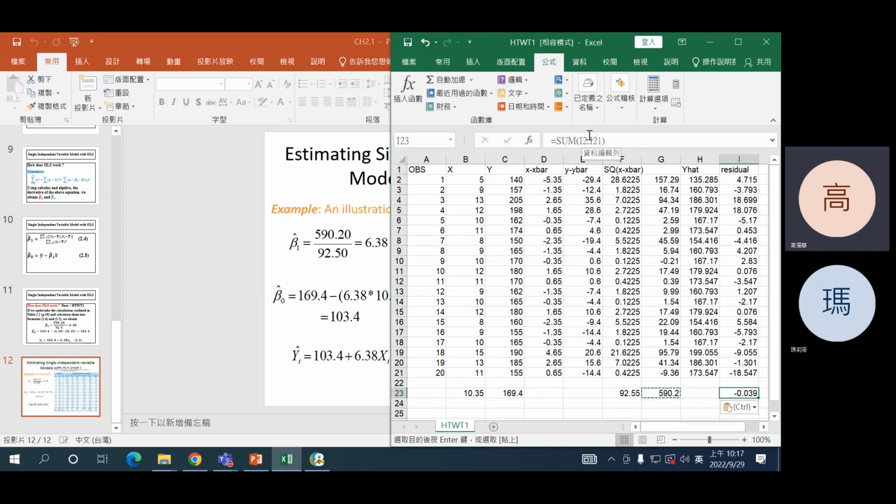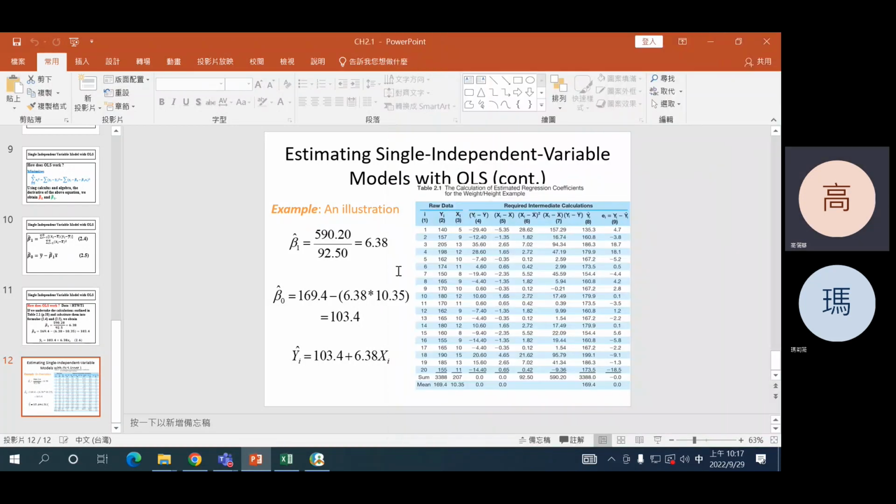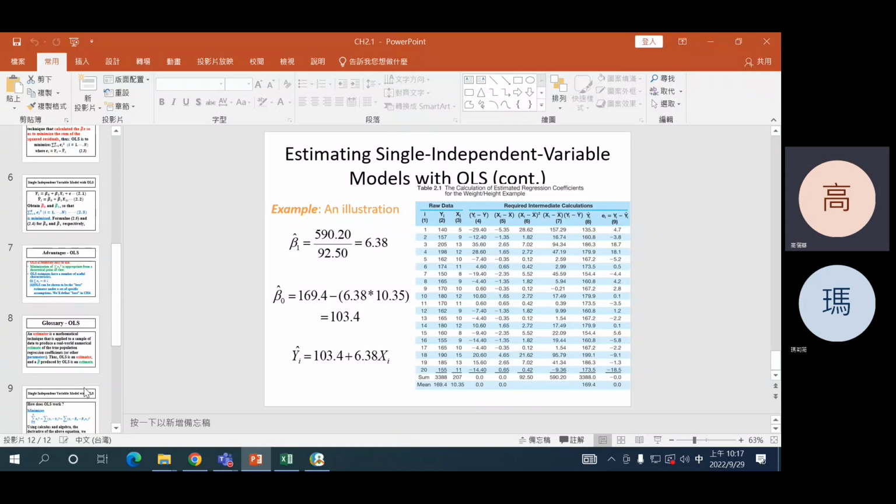Well, in the computers we also have many, many decimal places, so sometimes these numbers turn out to not be exactly zero, but close enough. Let me put this one here. So this is what I have for 2.1.